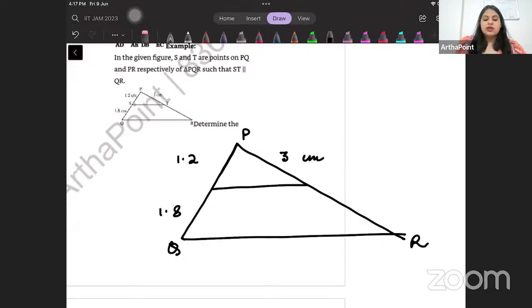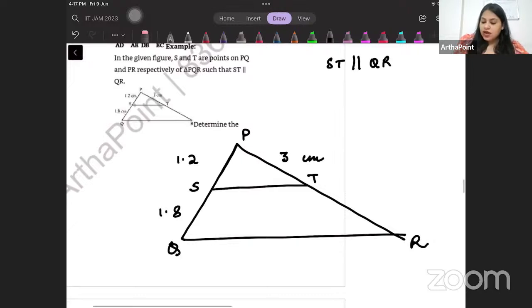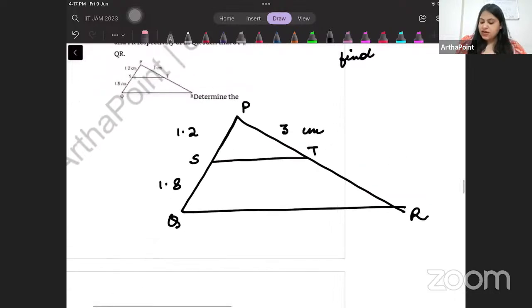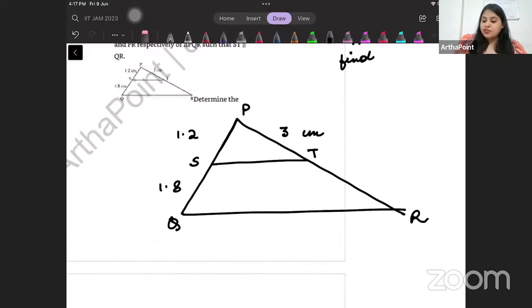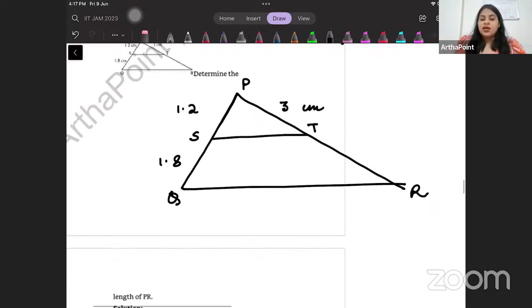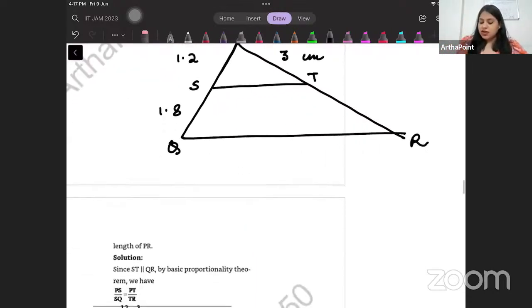This is ST. It says ST is parallel to QR, and it says find RT. Find PR. This is the question.